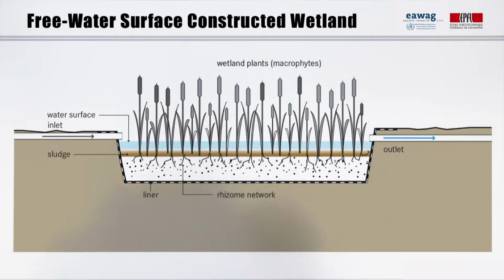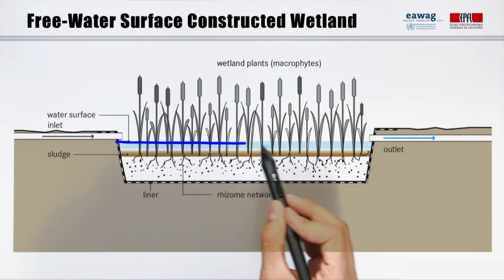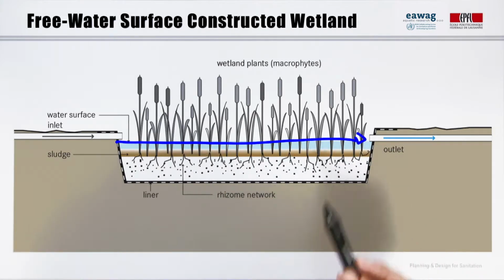Let's start with the free-water surface constructed wetland. In that case, the water slowly flows through the wetland, particles settle and pathogens are eliminated through the combined action of sun, settling, adsorption, and predation from higher organisms. The organisms and plants utilize the nutrients.